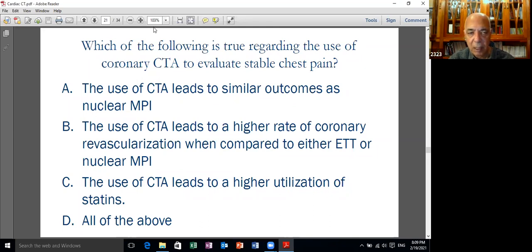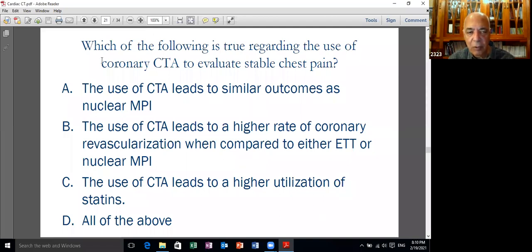So the SCOT-HEART trial, which I will show you the results of now, contradicts the PROMISE trial. In the SCOT-HEART trial, CTA superseded nuclear MPA, and CTA with exercise test superseded CTA alone.